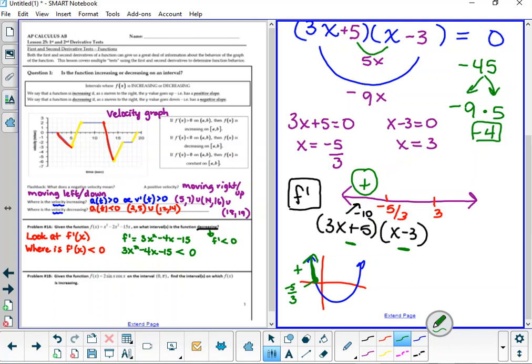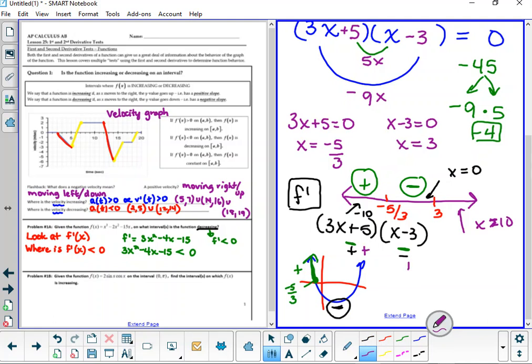F prime is negative in this interval. You're like, well, how do you know that? Well, let's pick a number in the interval and check it. An x equals 0 makes this positive, makes that negative, makes the whole thing negative. And then the last one, x is bigger than 3, so maybe x is positive 10, some ridiculously large answer.